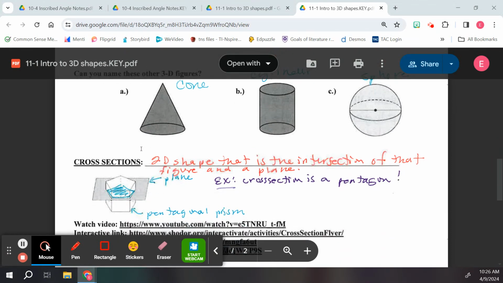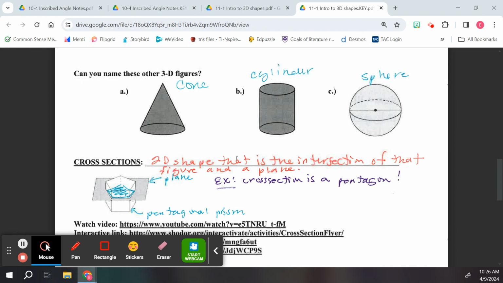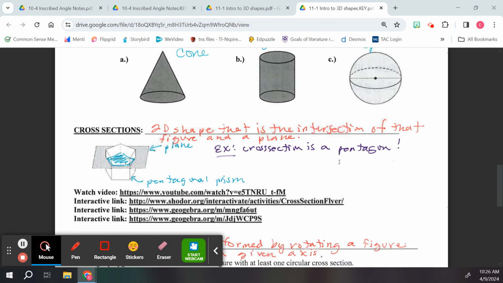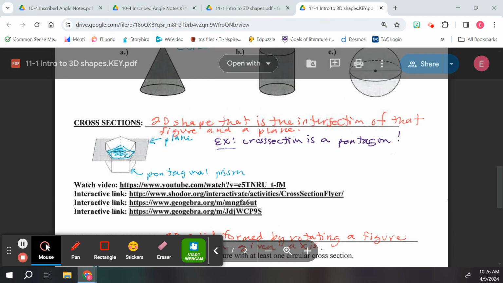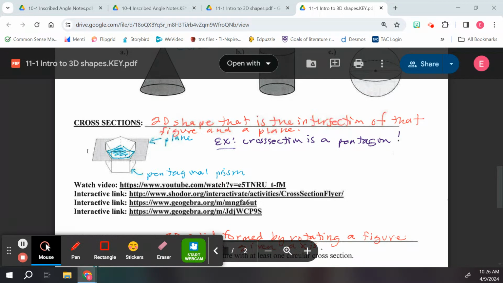Okay, let's talk about cross section. It's a 2D shape that is the intersection of that figure and a plane. So think of it this way. I have this nutty bar, right?